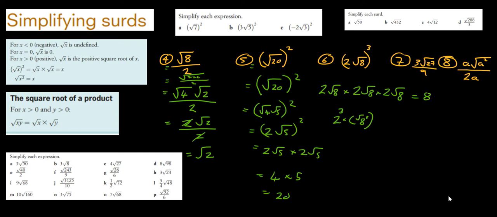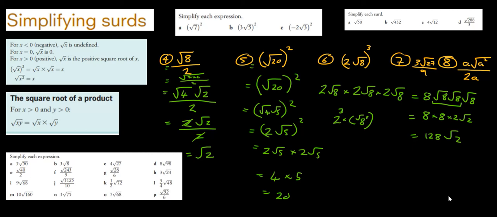And then we've got root 8 multiplied by root 8 multiplied by root 8. Well, this just gives 8 root 8. So we've got 8 times 8, and we've already simplified root 8 as 2 root 2. So 8 times 8 is 64. 2 times 64 is 128 root 2.